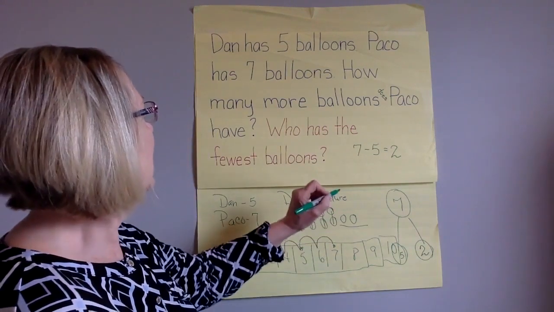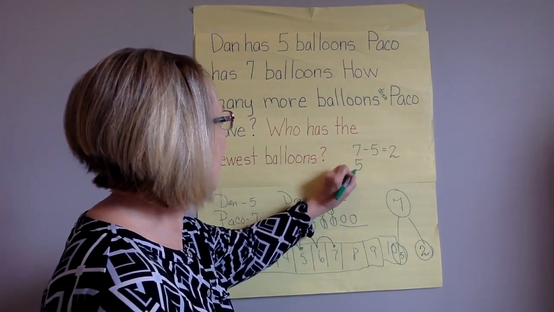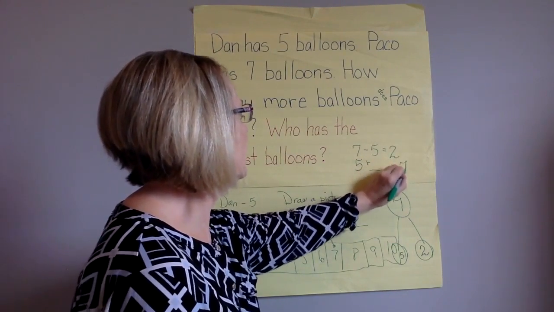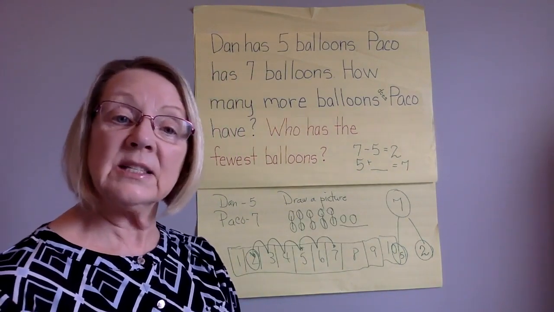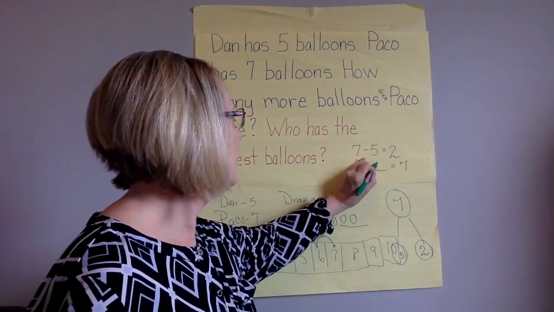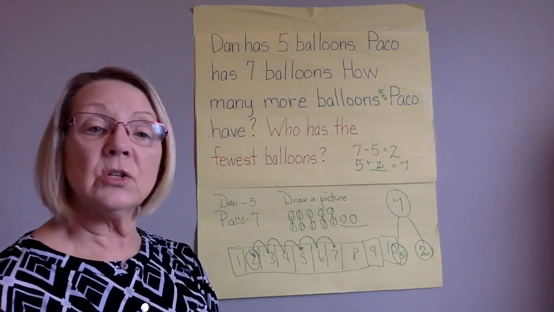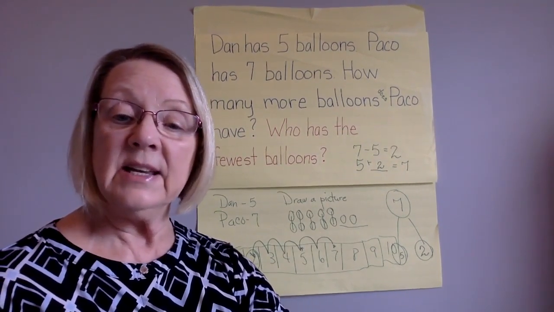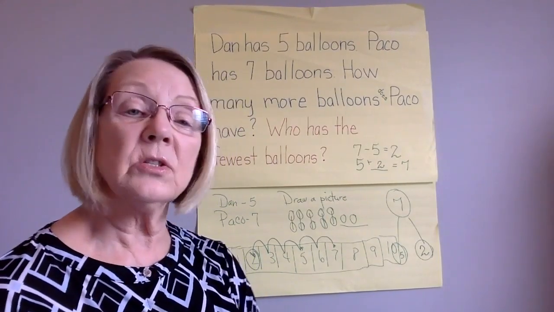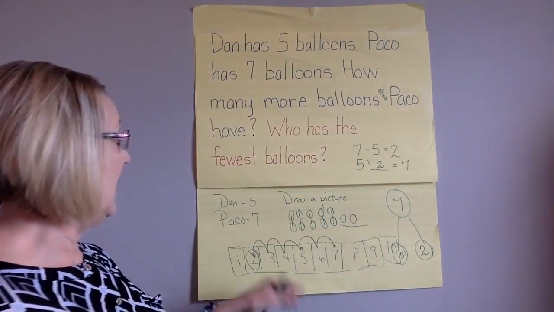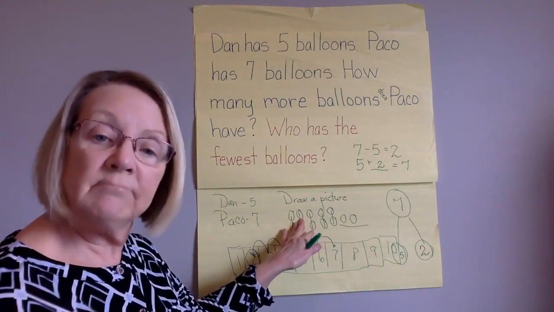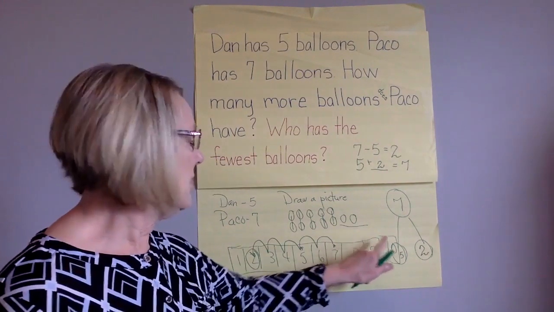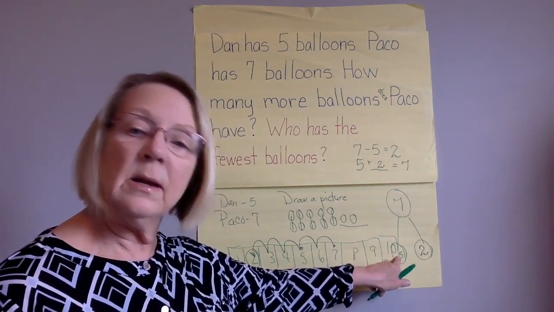We could say that Dan has 5, but we need something to equal 7. And 5 plus 2 is 7. Correct. We could also do the same thing that we have been doing before, and that is that we could also use a picture, or we could use a tape diagram, or we could use a number bond.